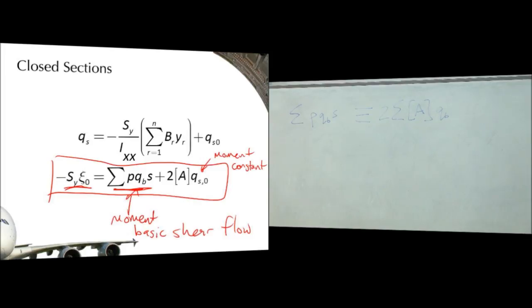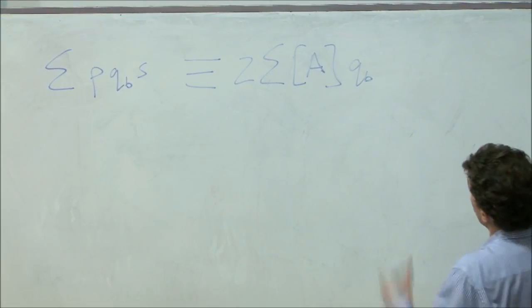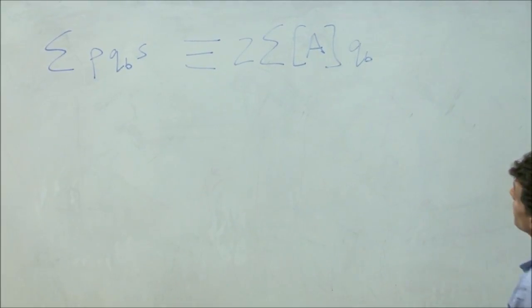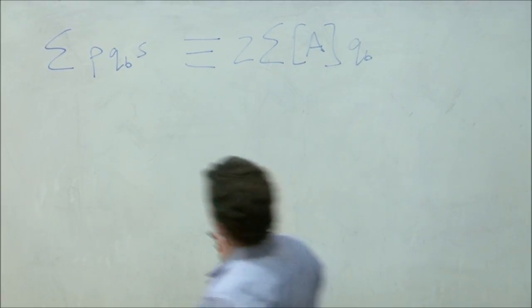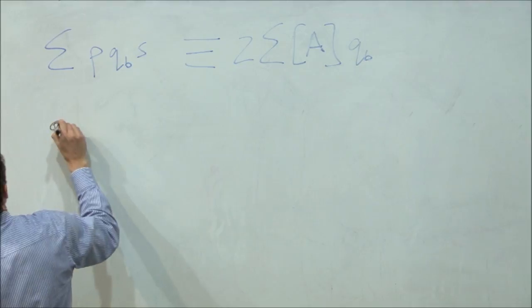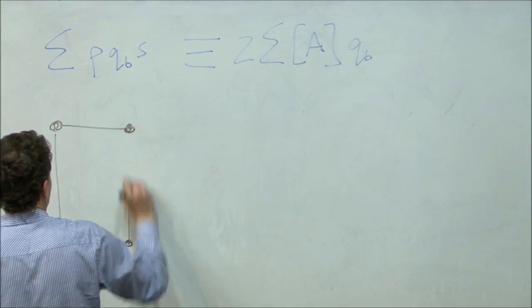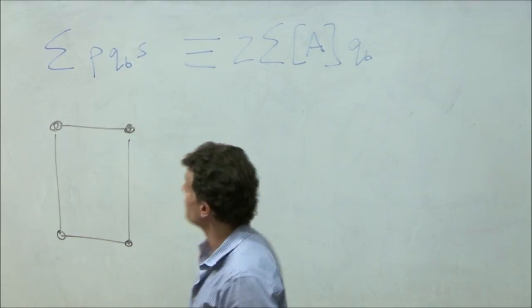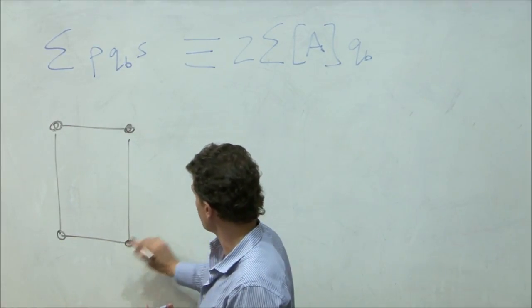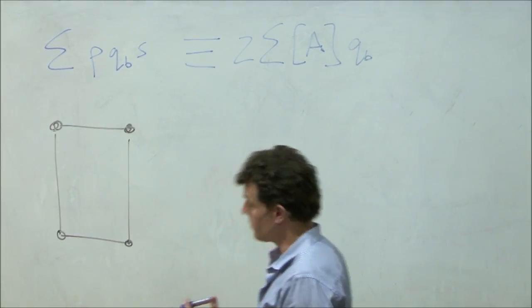And the first example we'll use is the one that we've already calculated. So this example up the top here. Now let's assume rather than being an open section, we're going to have a closed section instead. So all we've done is filled in the wall from point 4 to point 1.